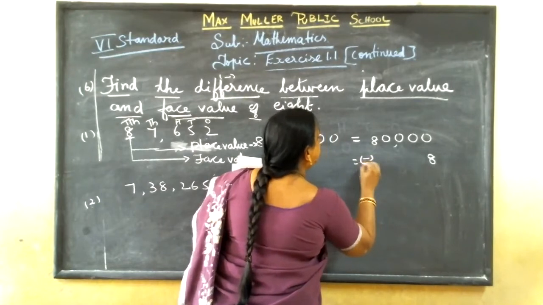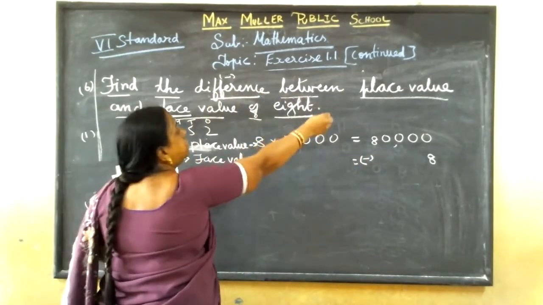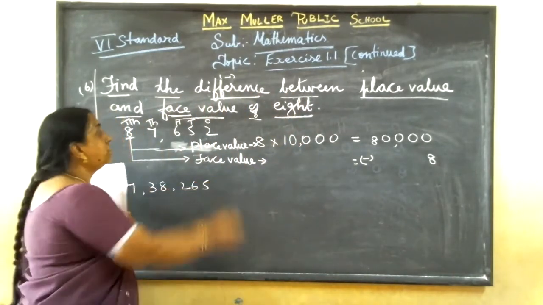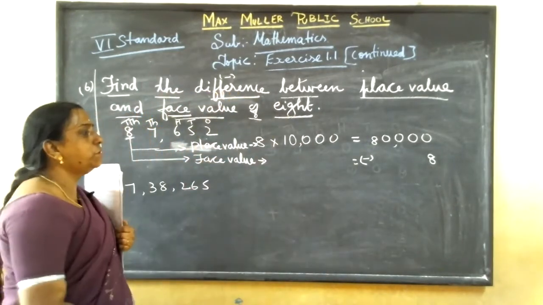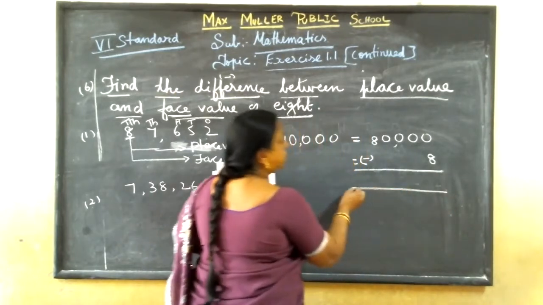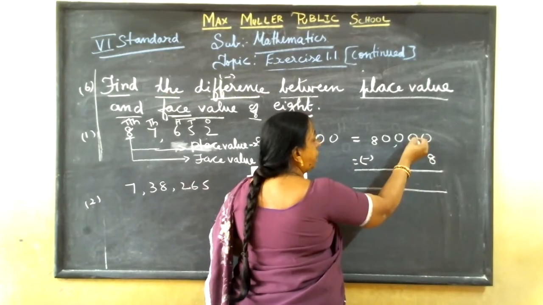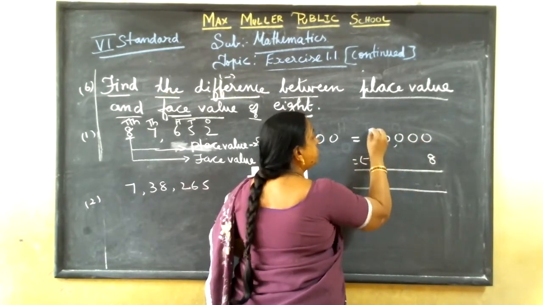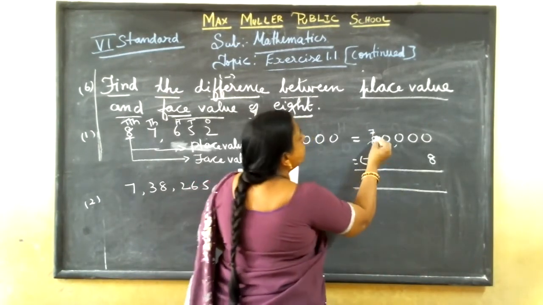Then what you should do is subtract. Why subtract? Because we want the difference between the place value and face value. If the question is to find the sum, you need to add; here, subtract. How to subtract? 0 minus 8 won't go, so borrow 1 from here, 7. Borrow, not carry, children.